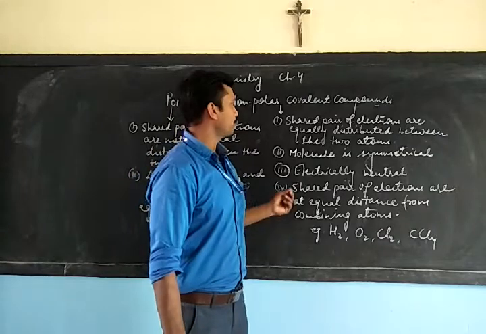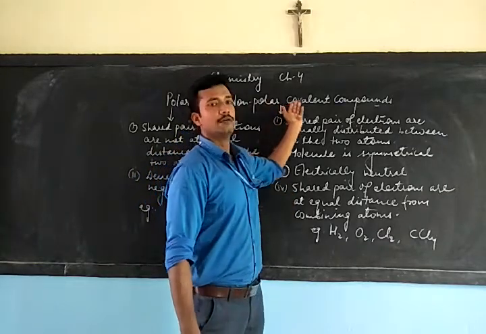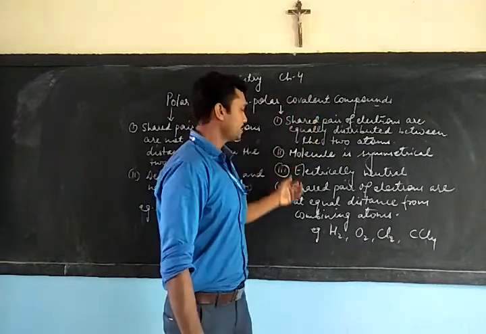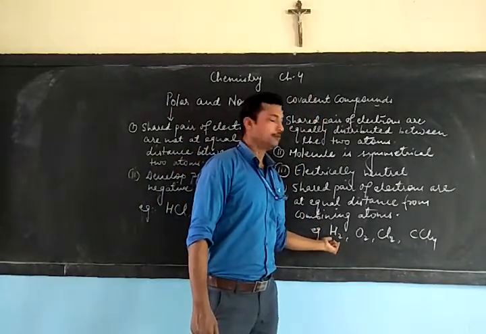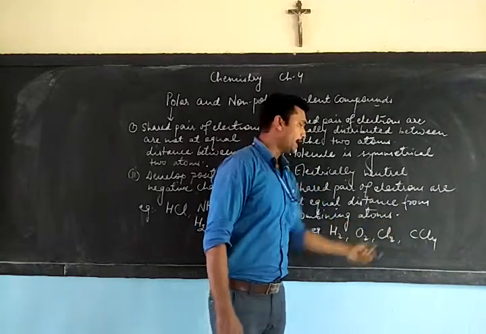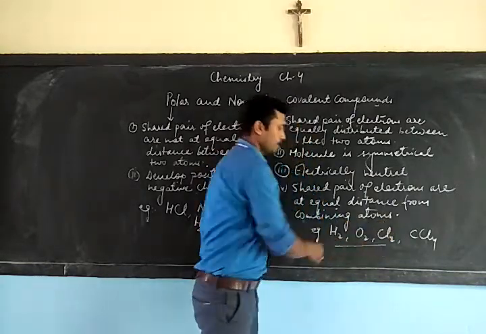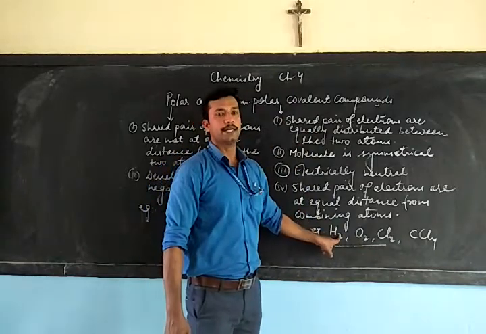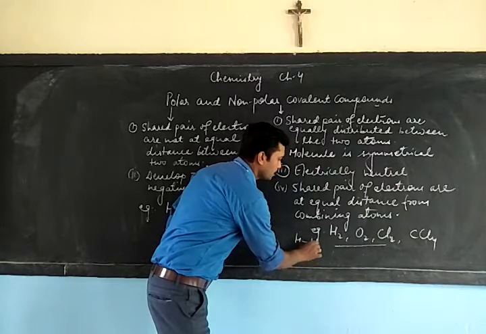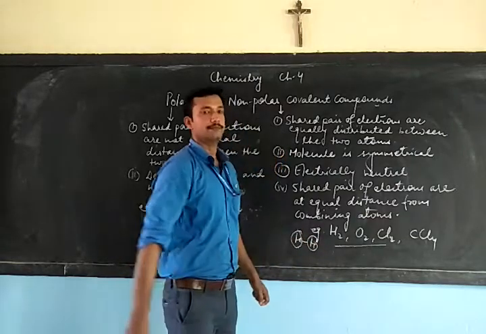We have some examples where the nature of the covalent compound is non-polar, which are the hydrogen molecule, oxygen molecule, and chlorine molecule, and in these three cases we find the two combining atoms are identical. That is, in the hydrogen molecule both are the same atom only.